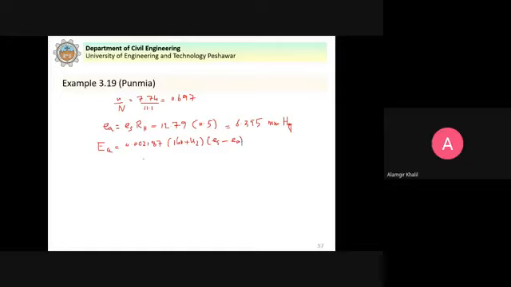This is the equation. So if you just plug in the values for all the parameters, this will be equal to 2.59 millimeter per day.